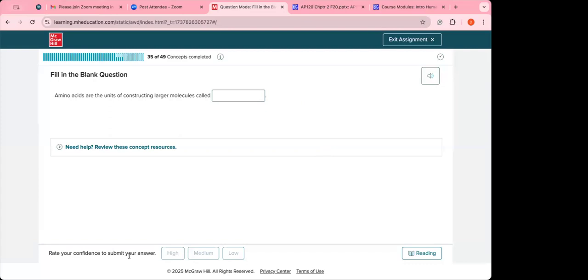Amino acids are the units of constructing larger molecules called what? So amino acids build what?